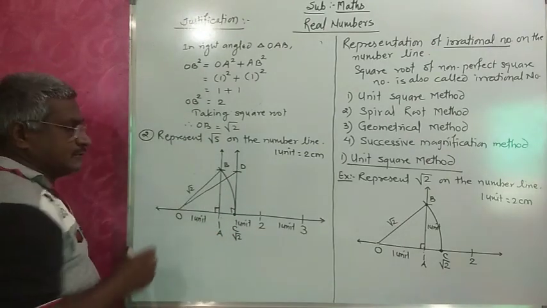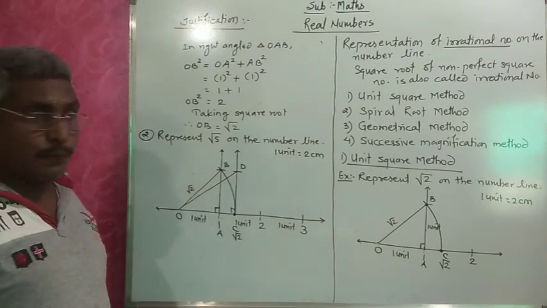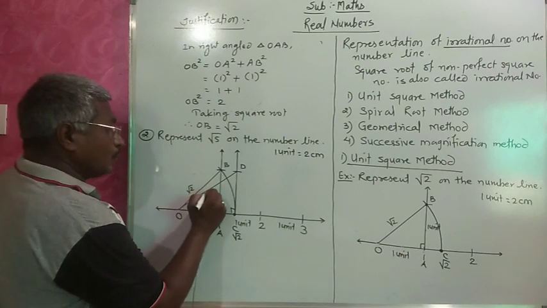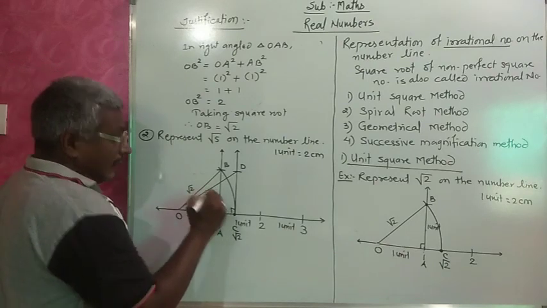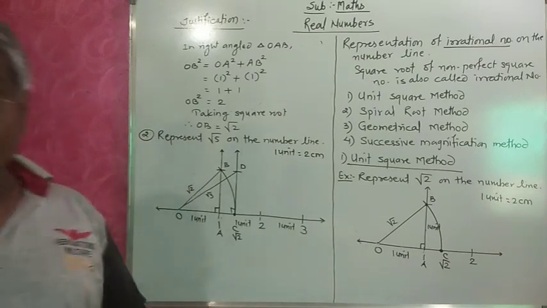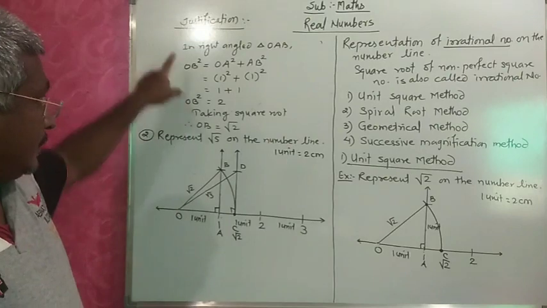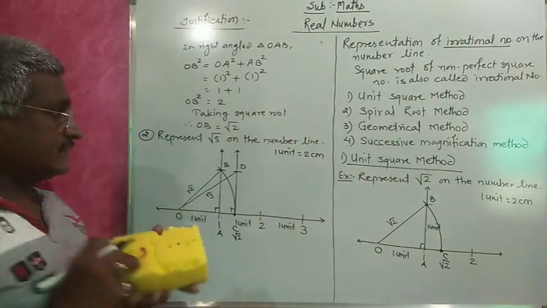Carefully join, student. So it is OD. What is the length of OD? It is root 3. Really, is it root 3 or not? Check it. How to check? Already I told how to check, by this method, justification.